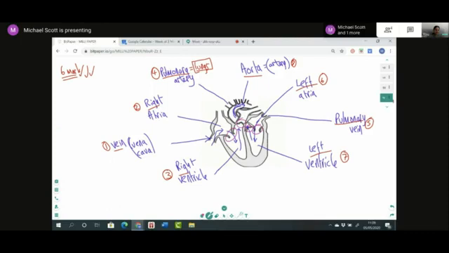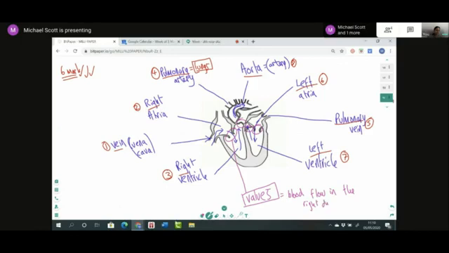You will notice that within the heart, just like in the veins, we have these structures called valves. And the valves in the heart have the exact same purpose as the valves in a vein, and that is, they make blood flow in the right direction.